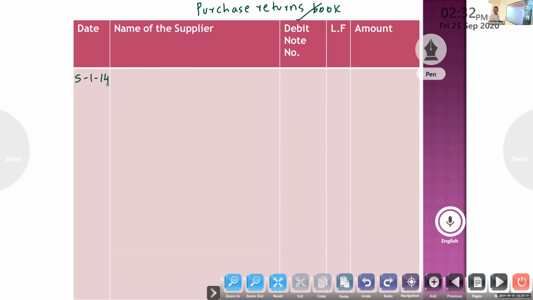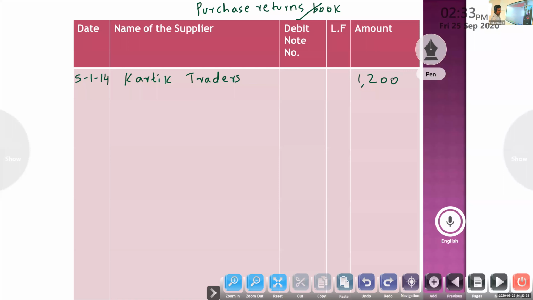Returned goods to Karthik. Amount 1,200, directly given. So name of the supplier, Karthik Traders. No debit note number. Amount 1,200.